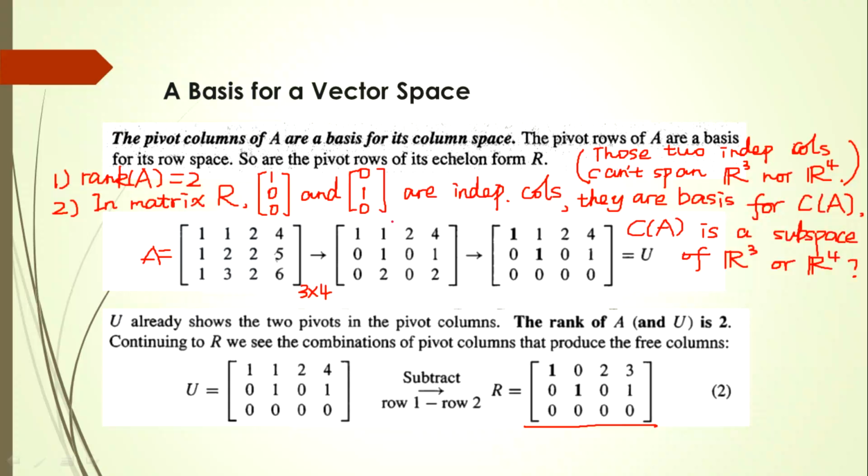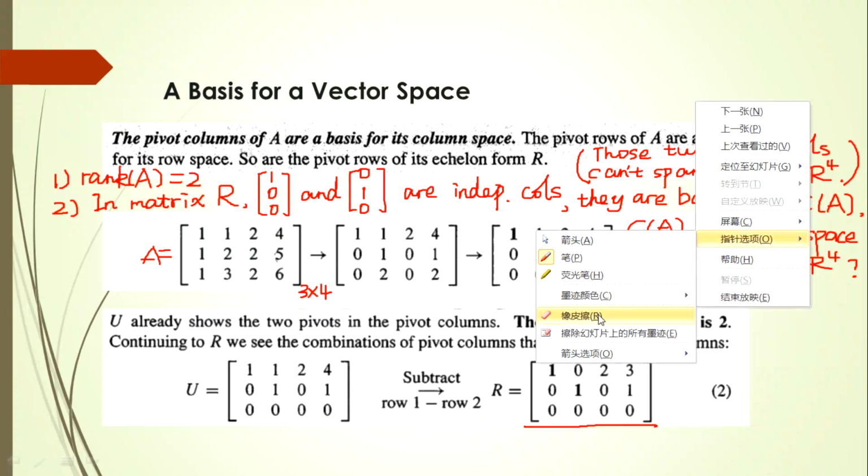Those two are vectors in the column space: 1, 0, 0 and 0, 1, 0. How many components do they have? They are columns, vectors from the column space of A. So they are vectors in R3. So the column space of A is a subspace of R3, not R4.